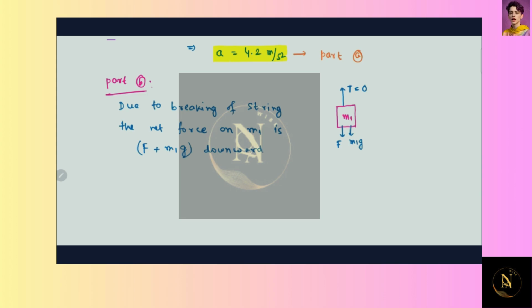Then the acceleration of the block, let's say A1, will be F plus M1g divided by M1.